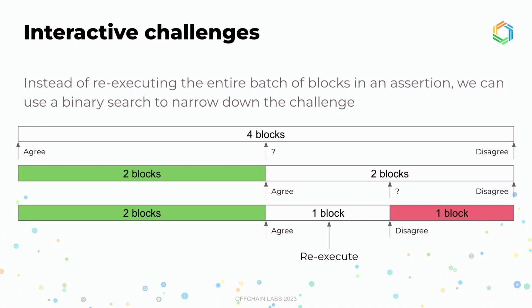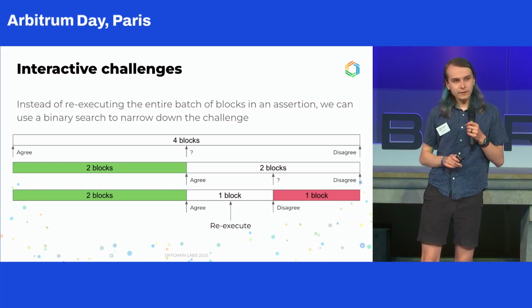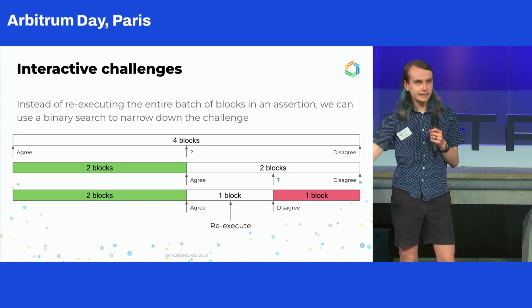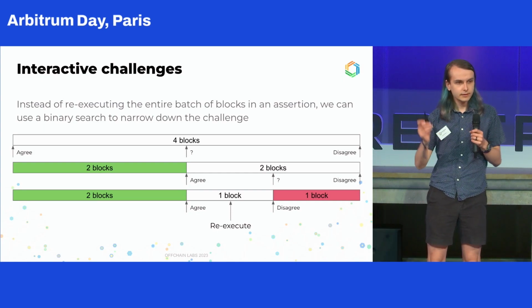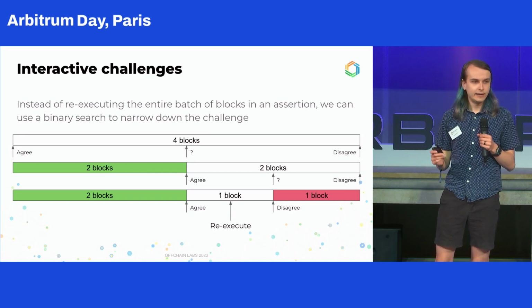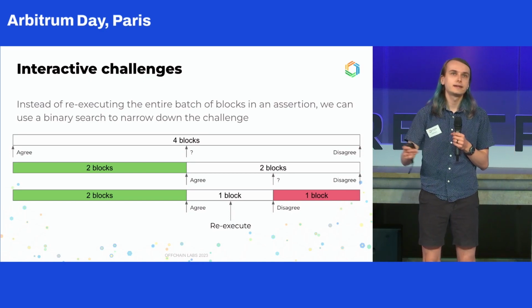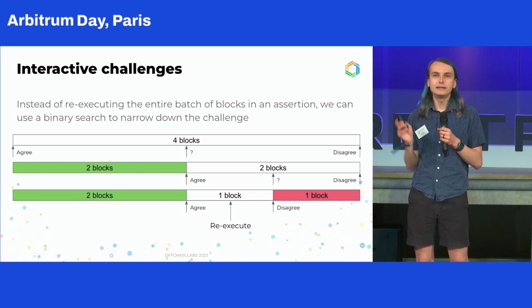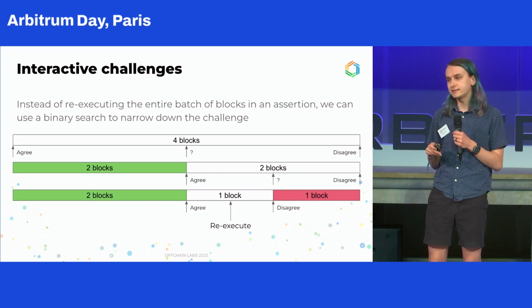Now, a truly honest validator would, of course, never make an assertion that it disagrees with the correct block hash midway through the challenge. But what if a malicious validator was pretending to be honest? This interactive challenge protocol has a bit of an issue, which is that you can't tell if another validator is honest or malicious until they complete the challenge process.